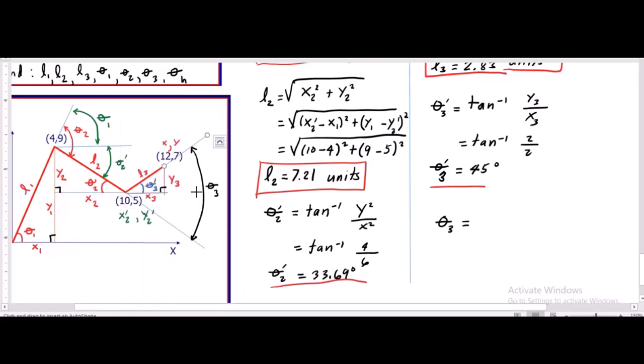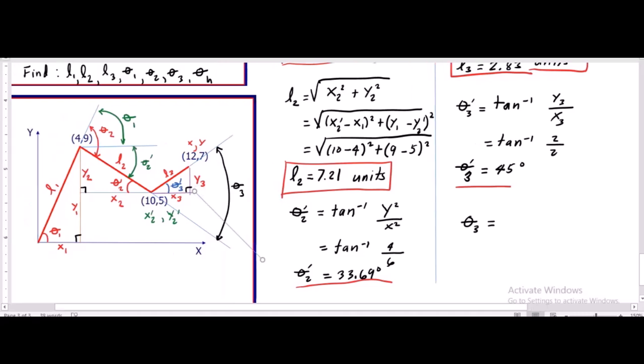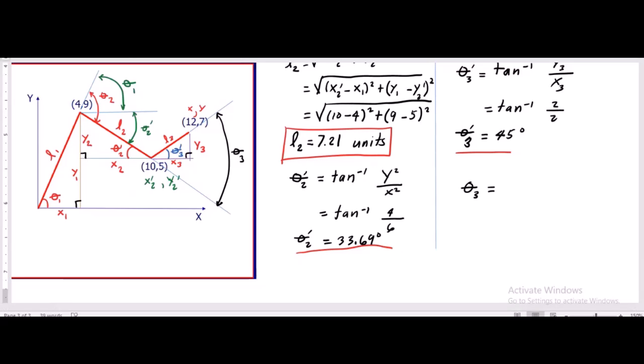Okay, let me continue. So here, we need to know what angle is this. Here to here is obviously theta 3. So this is theta 3 prime.